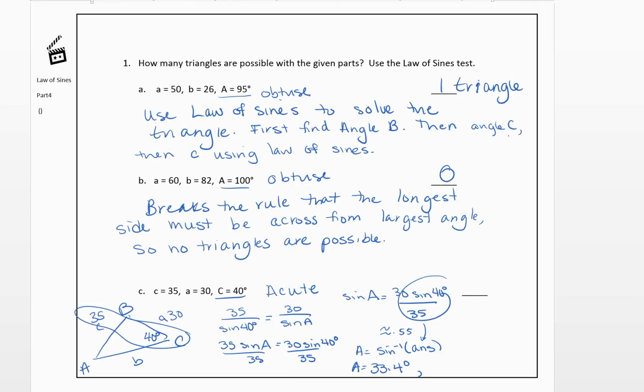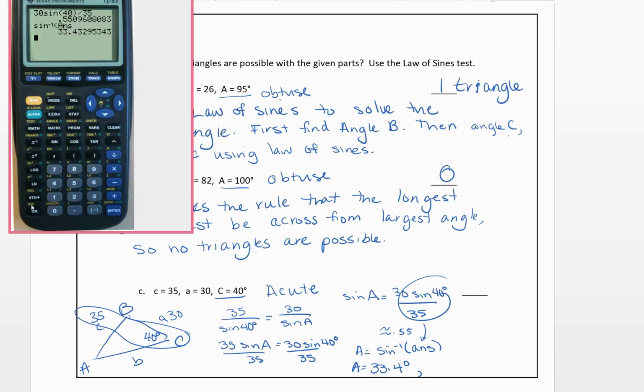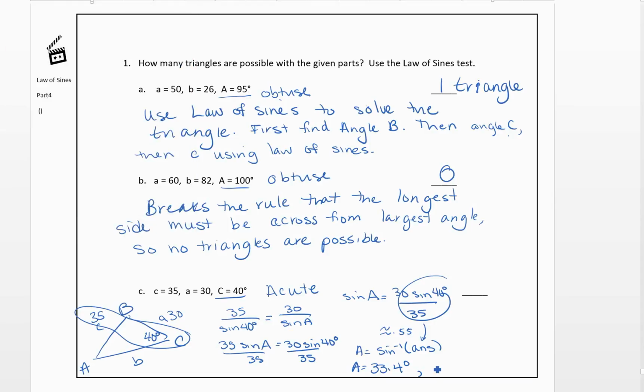Now, the other thing we're going to check is 180 minus 33.4, which is 146.6. Here's the problem: if angle A is 146.6 and we still have to have 40 degrees, this can't be a possibility.